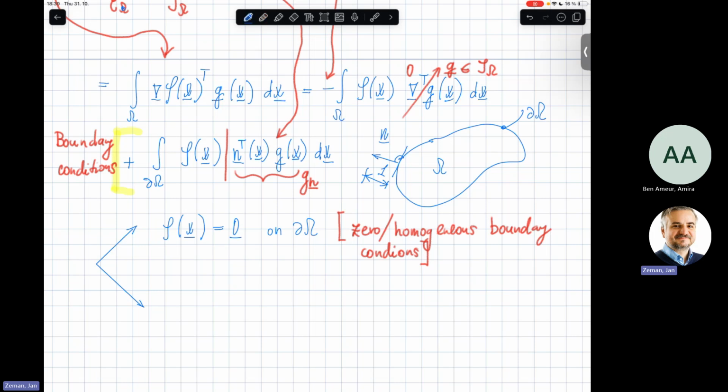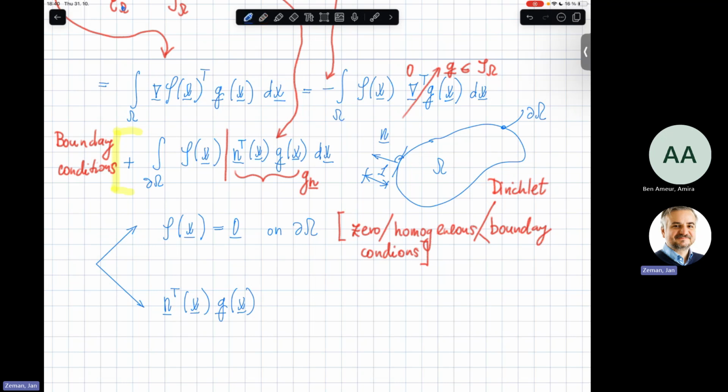The other thing is that I will say that the second component of that product, so this n transpose times g, so the normal component of any admissible flux I'm considering in my optimization problem, is zero. So the first are zero or homogeneous Dirichlet boundary conditions, of course. Right? So I'm just saying that I will solve a problem with fixed boundary conditions.